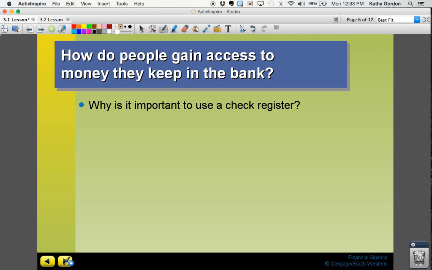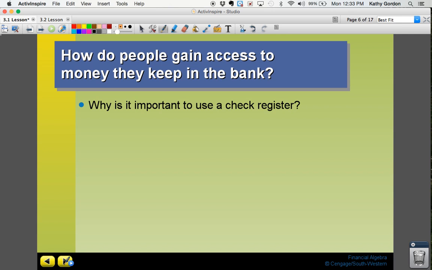So it's a good idea to still keep track yourself of what you think the money going in and the money coming out of your account should be, and what you think your balance should be. So if there is a discrepancy with the bank, then you know that you need to follow up with them and get it corrected. Okay?